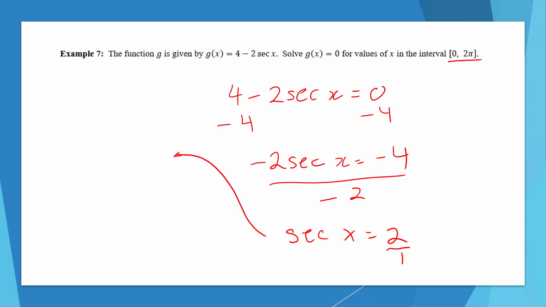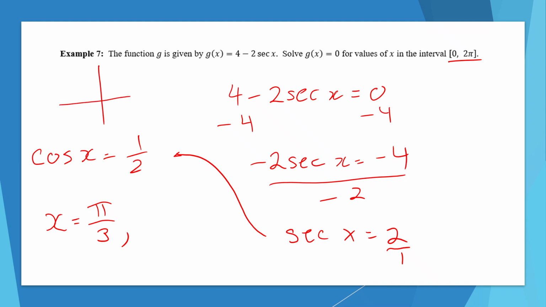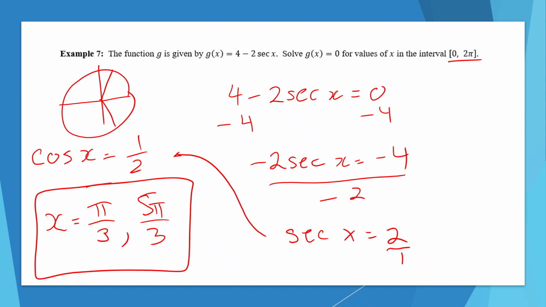So then when we take the reciprocal, secant becomes cosine of x equals the reciprocal of 2/1, which is 1/2. And then here, where's cosine x equal to 1/2? That's going to be pi over 3 in the first quadrant, 60-degree reference angle. And then cosine is also positive in the fourth quadrant at 5 pi over 3. So those should be our two answers there.